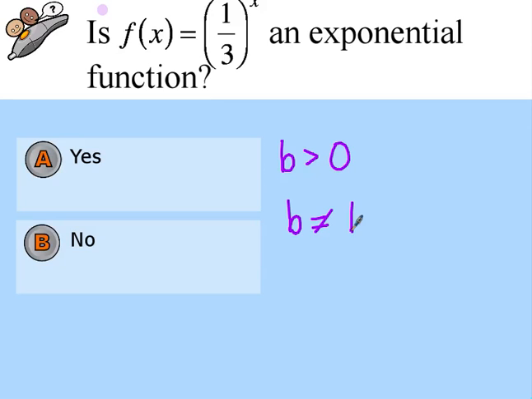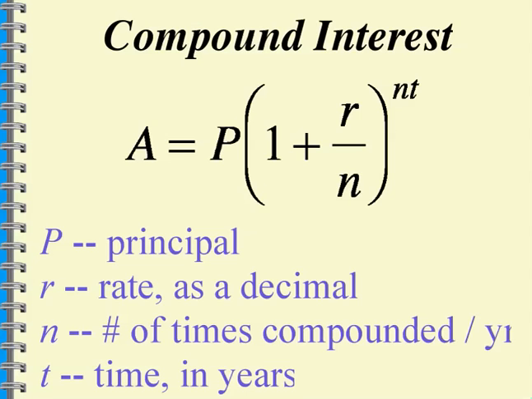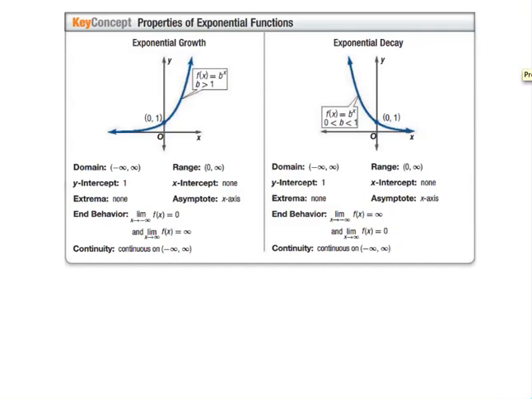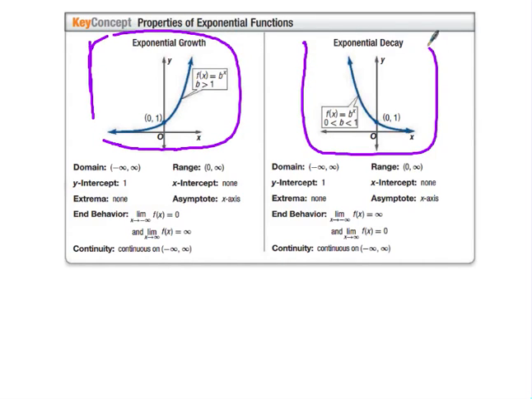Okay. So, with that in mind, we're going to spend a little bit more time tomorrow talking about the graphs. What I want you to understand today is that with exponential functions, you can have both exponential growth and exponential decay. Exponential growth means something grows, gets larger, gets bigger.